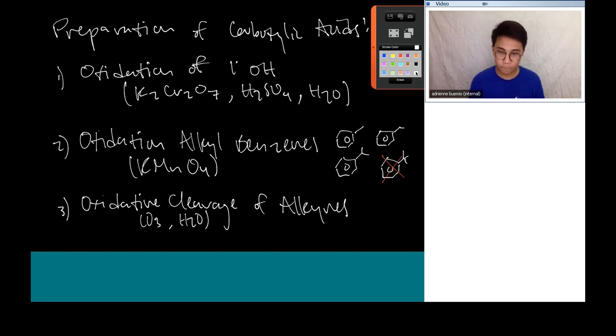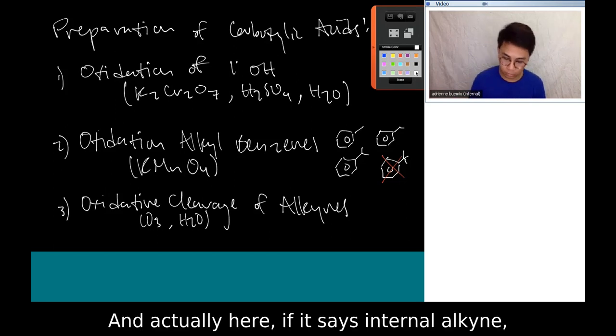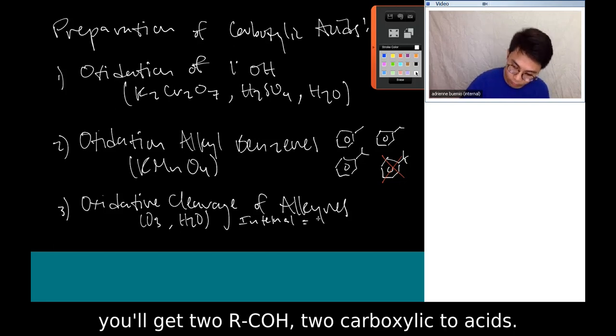Actually, here I'm going to put: if it's an internal alkyne, you'll get 2 RCOOH, right? 2 carboxylic acids.